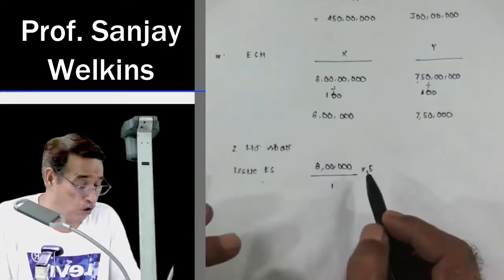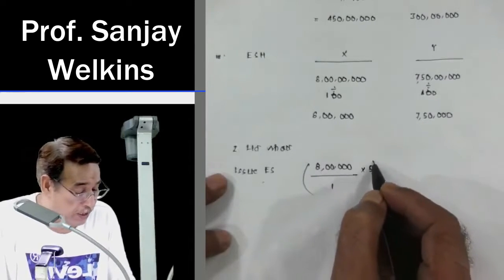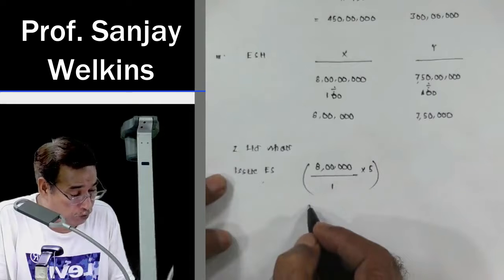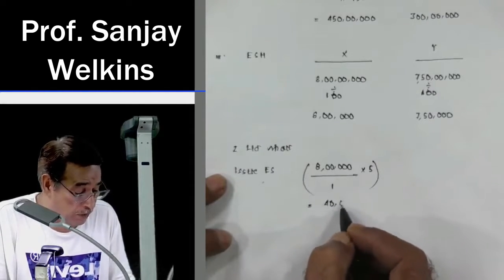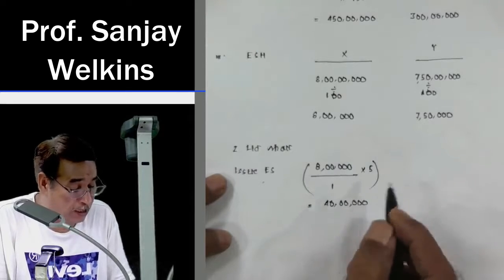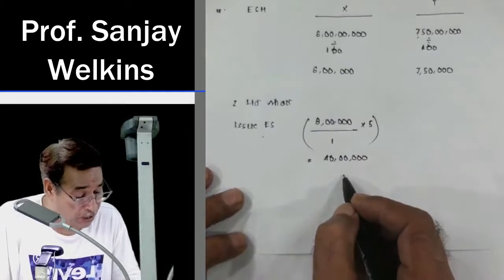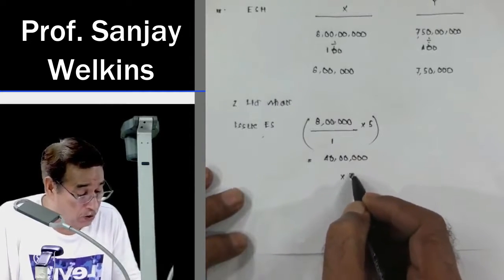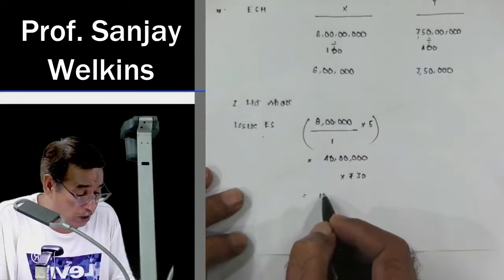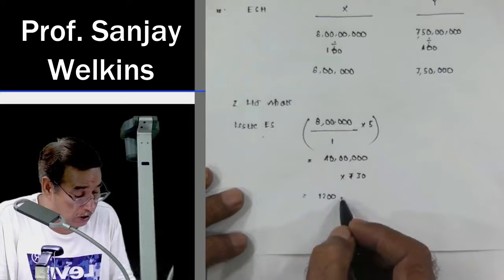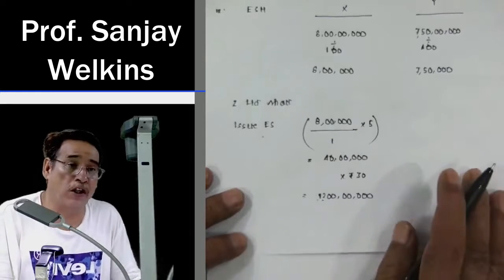Now, if I multiply it, it will be equal to 40 lakh. That means we will have to issue 40 lakh equity shares, and we are offering them at the rate of rupees 30. So the amount will be equal to 1,200 lakhs. You got it or not?